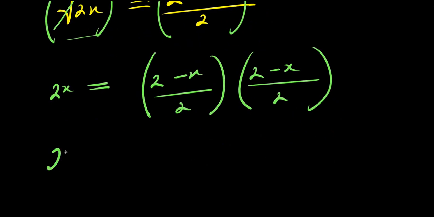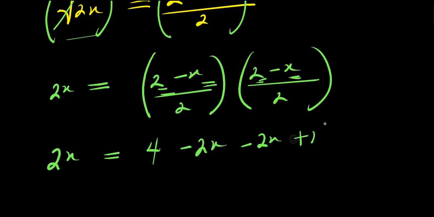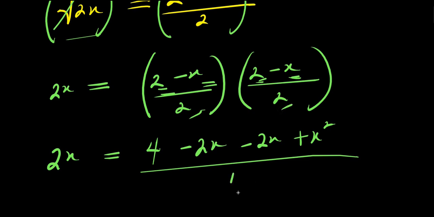So from here, I have 2x equals 2 times 2, I have 4, 2 times minus x, minus 2x, minus x times 2, minus 2x, minus x times minus x, we have plus x squared divided by 2 times 2, we have 4.